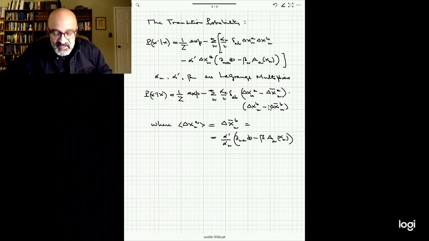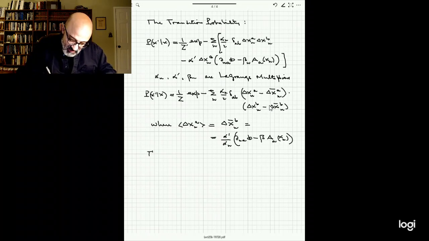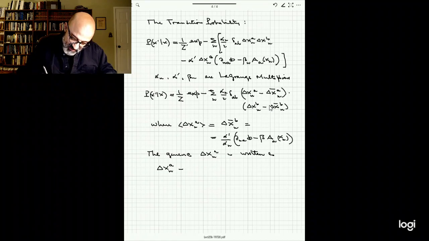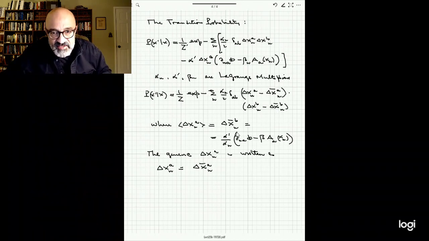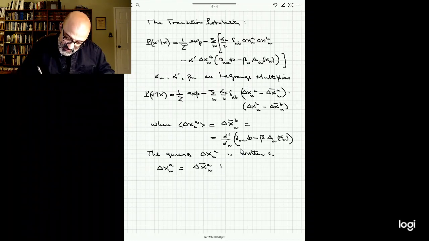You can see here that a typical, generic displacement delta x is now written, let me rewrite it, as the average, which is this delta x bar that I wrote here, plus a fluctuation.